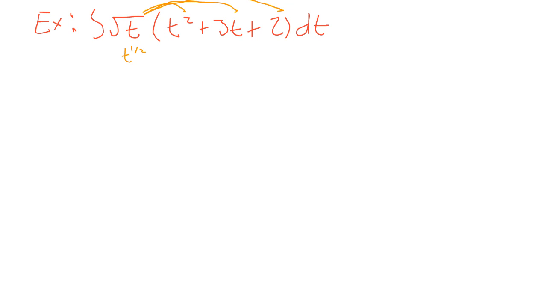So t to the 1/2 times t squared is going to be t to the 5/2, plus our 3, and we have t to the 1st times t to the 1/2, which is going to get us t to the 3/2, plus our 2t to the 1/2 dt.